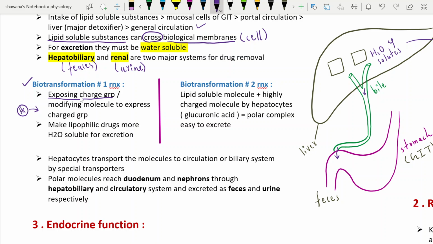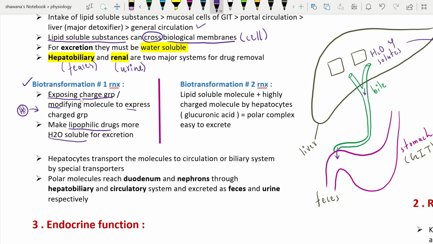Sorry, a charged molecule also cannot cross the biological membrane. So they become water soluble when exposing a charged group, or when the molecule is modified to express a charged group. So the lipophilic drugs are converted into water soluble drugs.